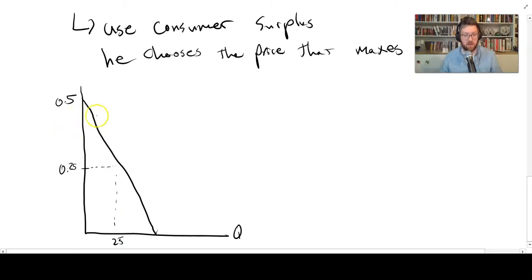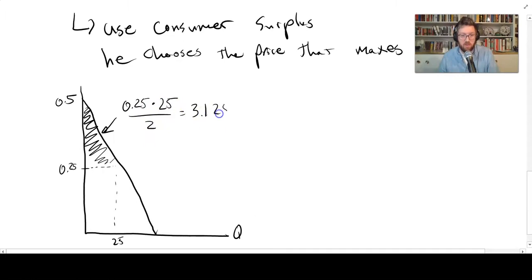So this is a triangle. His consumer surplus is given by this triangle up here. The height of this triangle is 25 cents. The width is 25 photos, but it's a triangle, so we divide by 2. This is like 1/4 of 25, something like 6.25, divided by 2 is 3.125.